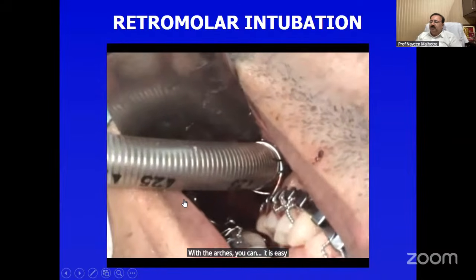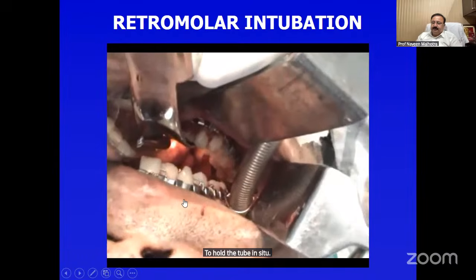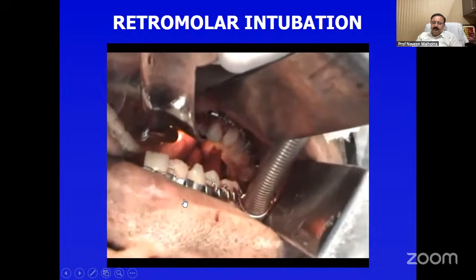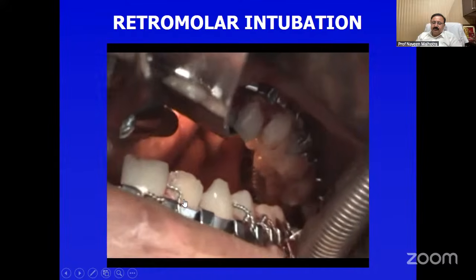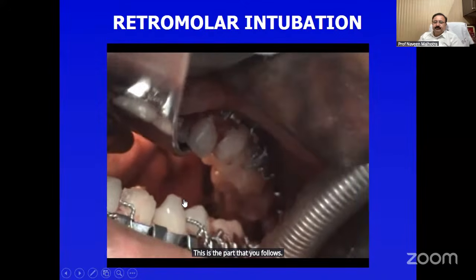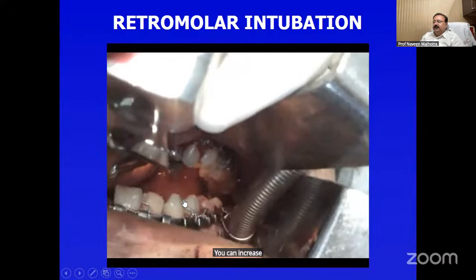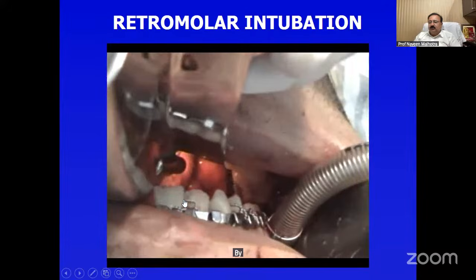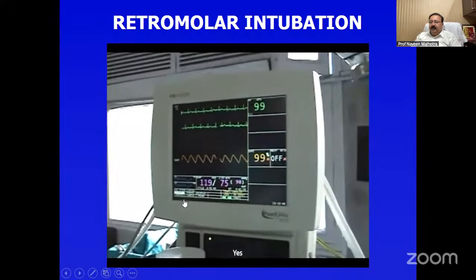Otherwise, you can use the space between the 2 teeth to hold the tube in situ. This is the path the tube follows. You can increase the success rate by choosing one size smaller, which has a correspondingly lesser outer diameter.